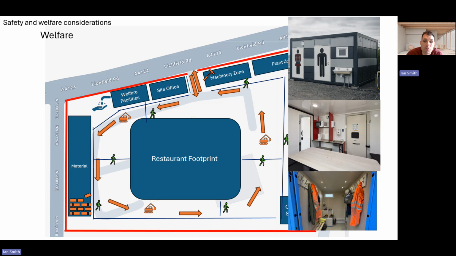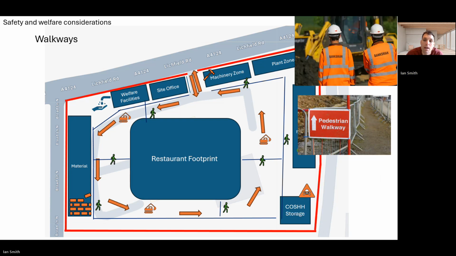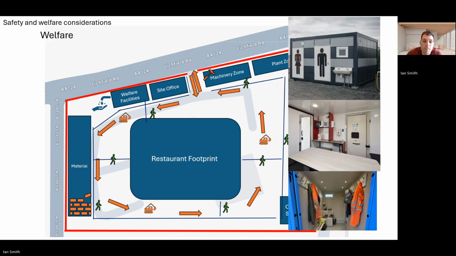All pedestrians will be required to wear high-vis safety clothing, again, to increase their visibility. So maintaining these dedicated pedestrian walkways is clearly justified because it reduces the risk of workers entering hazardous areas or hopefully coming into contact with moving machinery or vehicles.